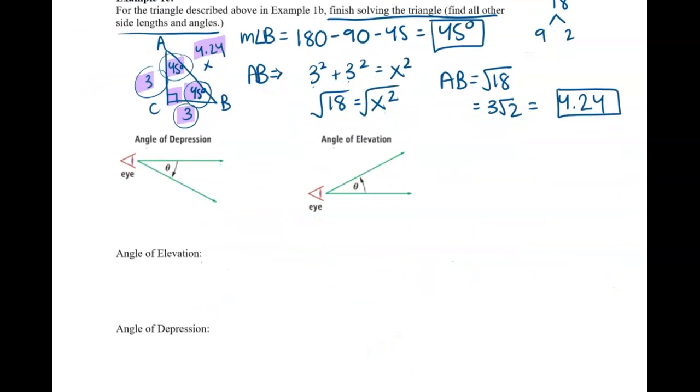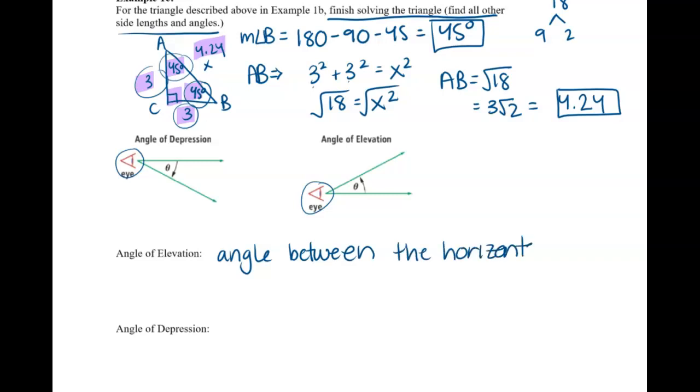All right, angle of depression, angle of elevation. Here's your eye, I guess. It looks kind of weird. I would draw an eye, but it would just look creepy. So angle of elevation is the angle between the horizontal and your line of sight. So if you look straight out, that's horizontal.